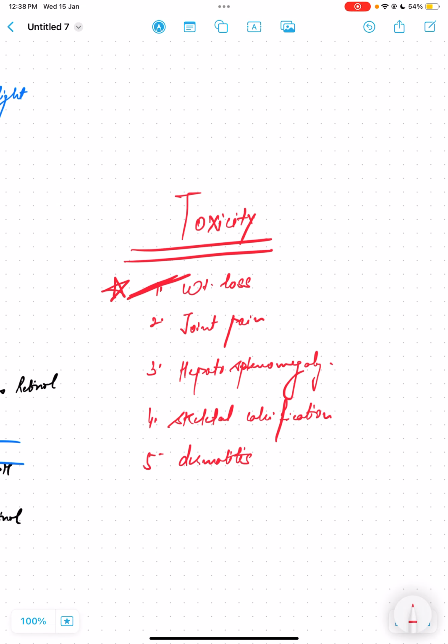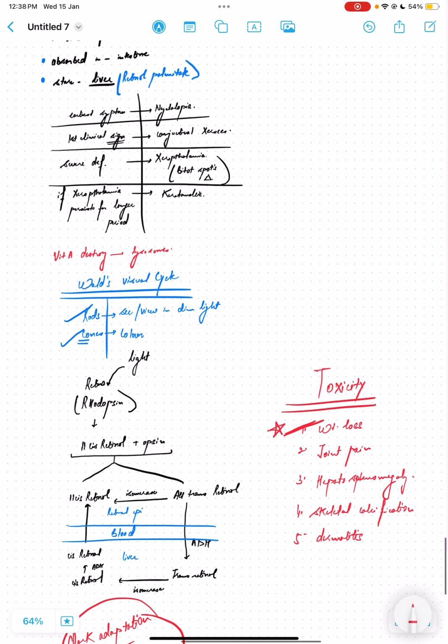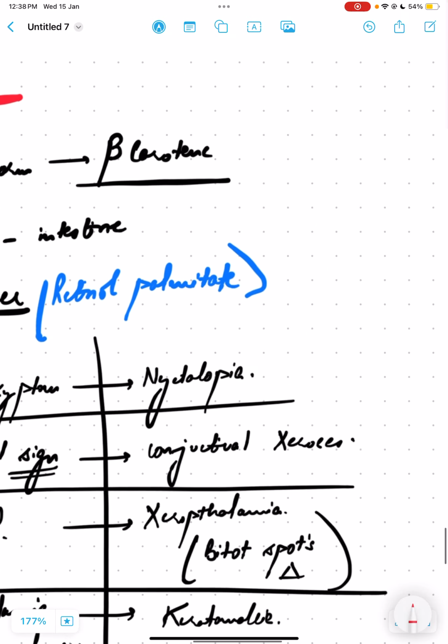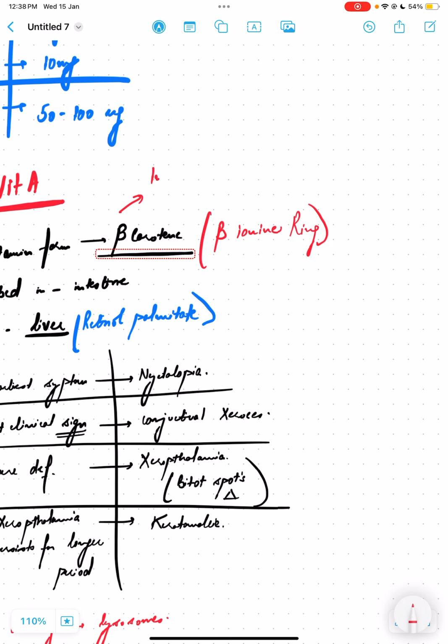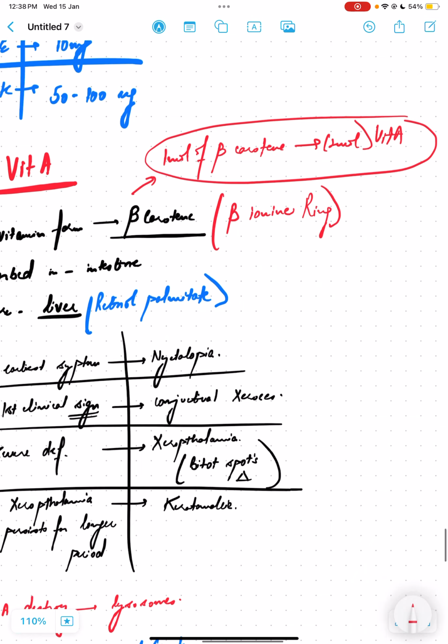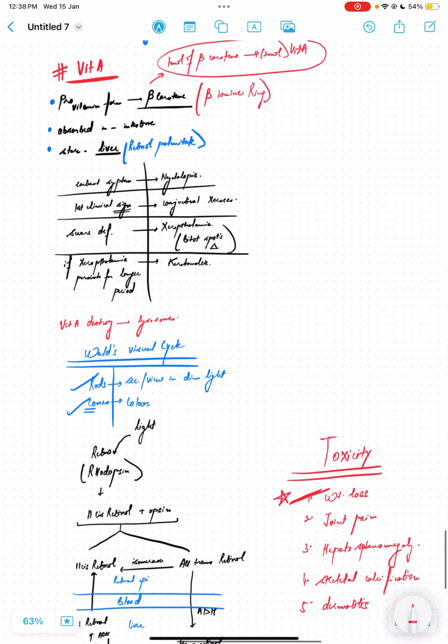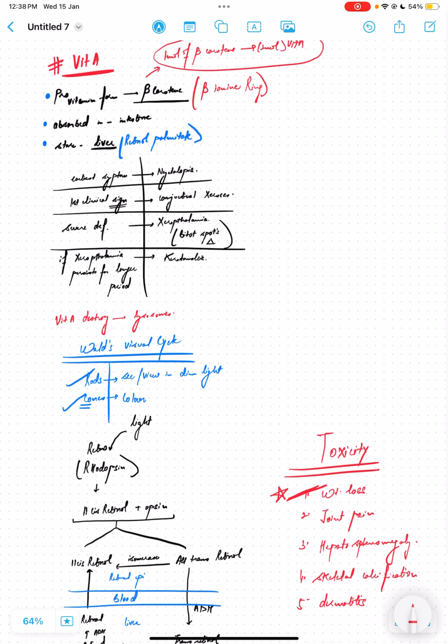In the earlier part I mentioned that the provitamin form is called beta carotene. Basically they have the beta ionone ring, and most importantly, one molecule of beta carotene can give rise to two molecules of vitamin A. So this was all about vitamin A. It should be given up to 750 microgram.